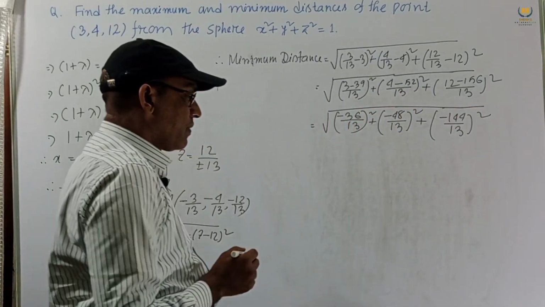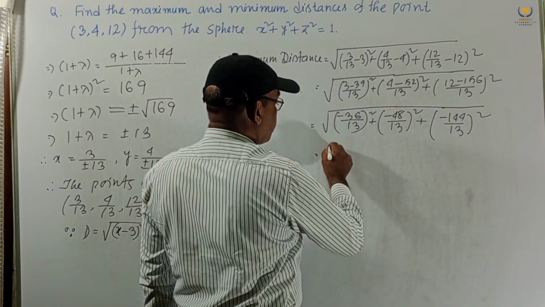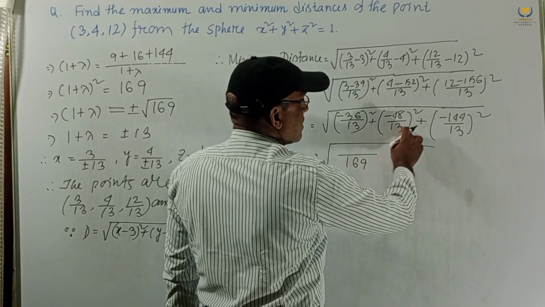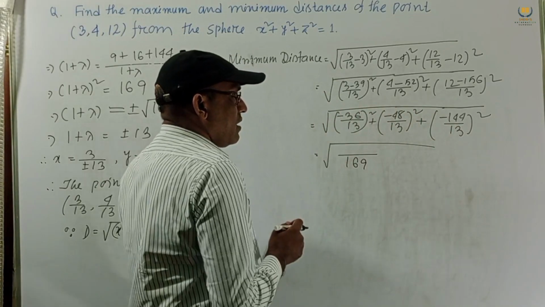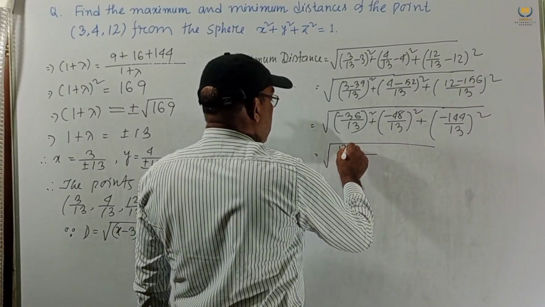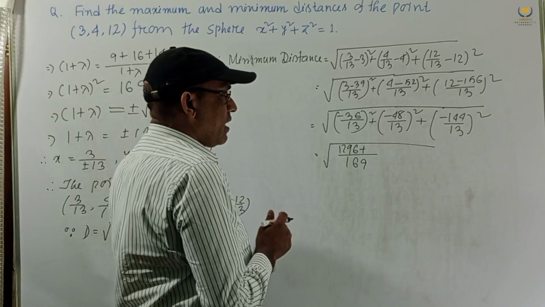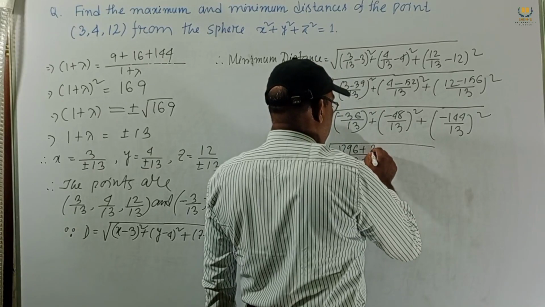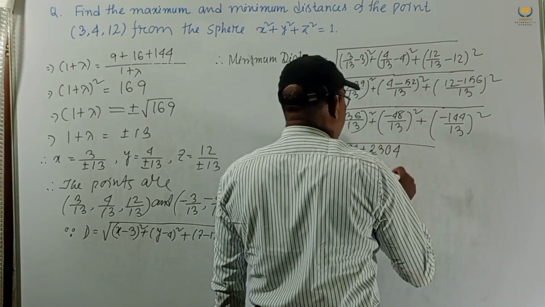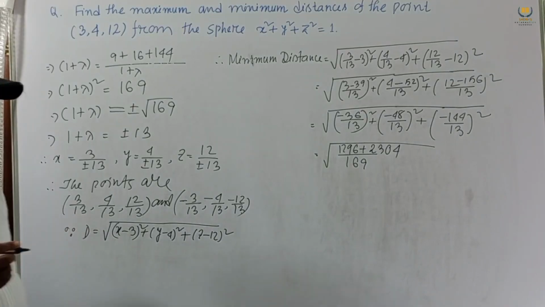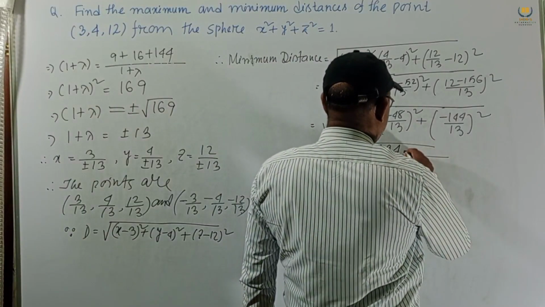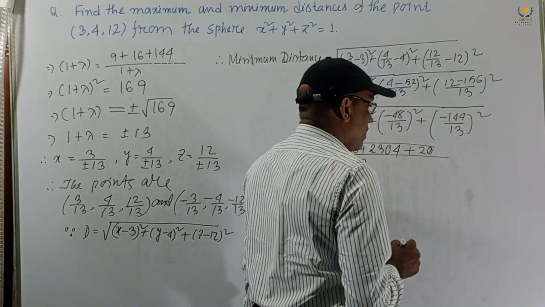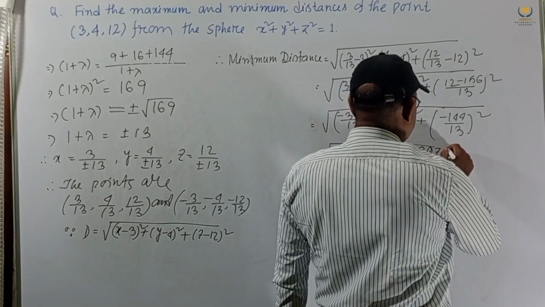We get this one. Now if we calculate this, then 13 whole square means 169, and 36 square is 1296, and 48 square is 2304, and 144 square is 20736.